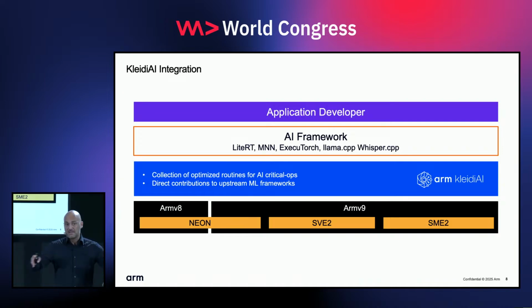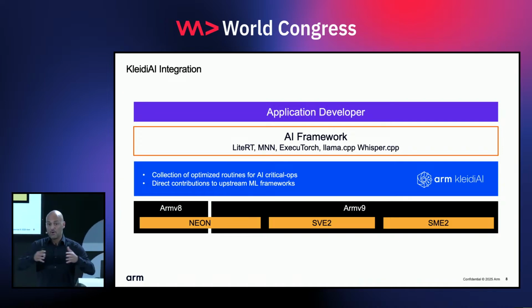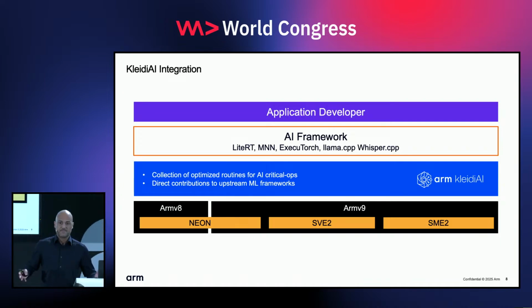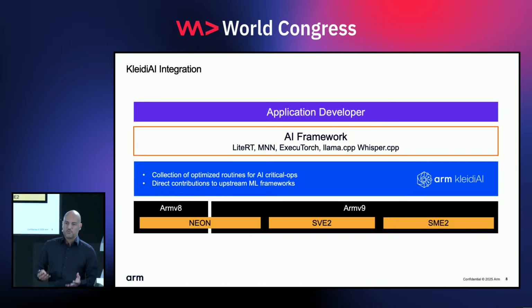So KleidiAI is already integrating many of these frameworks to make your life easier. As I said, I'm a developer, but I also want the flexibility to opt for different frameworks depending on the use case I'm targeting. And the fact that I have a library that is already integrating all these frameworks will make my life easier when I talk about performance, because I always want better performance.